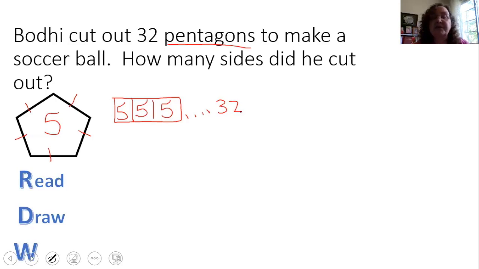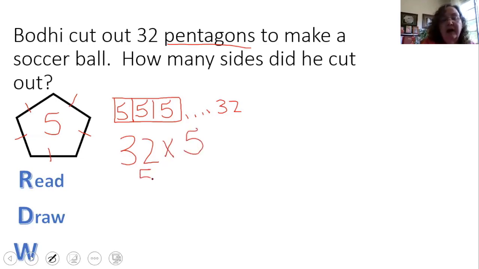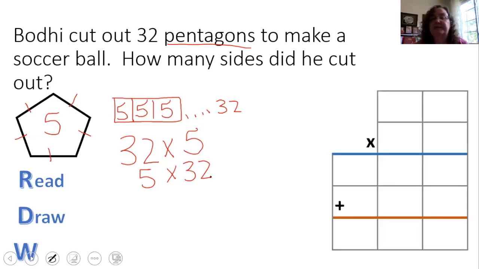What multiplication sentence can I write for this? I could write 32 groups of 5 or 5 times 32. They're the same, right? So now let's solve it using our graphic organizer. I put them in their place values. So here's 32 times 5.